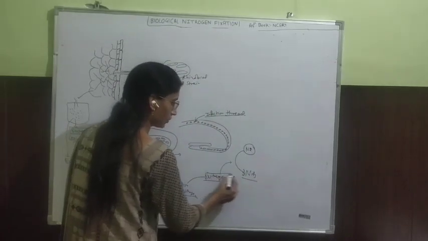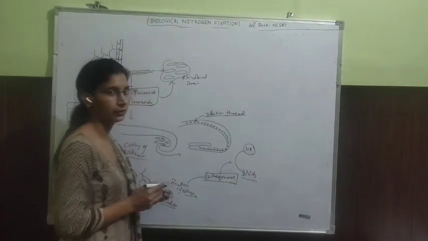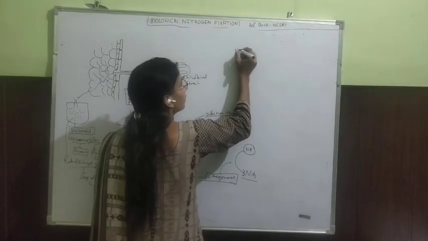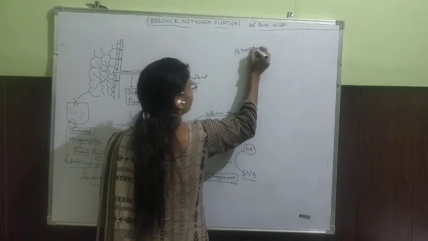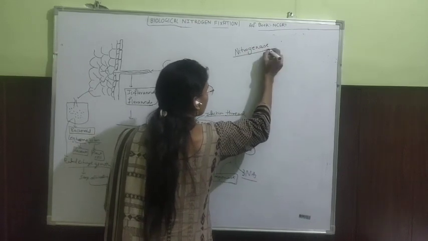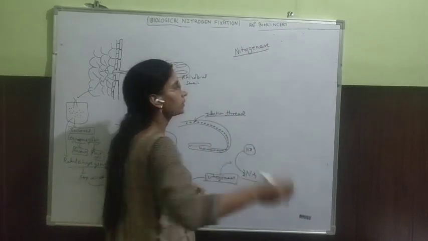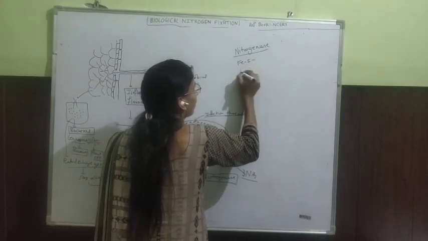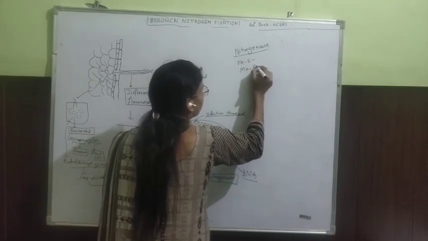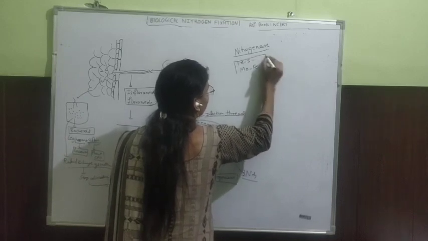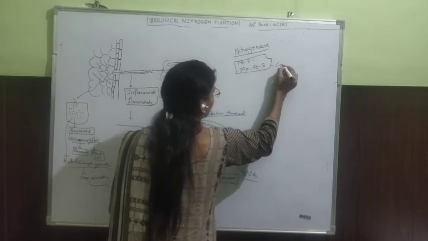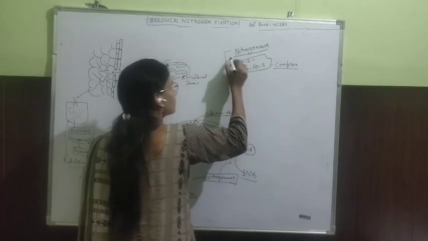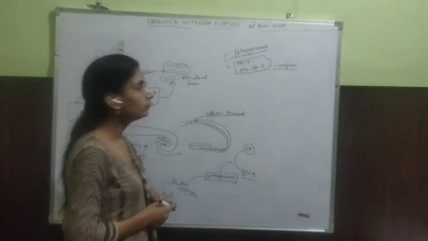So this enzyme is very important, called nitrogenase. It is produced by the rhizobial strain, and it is an iron sulfur and molybdenum iron sulfur complex. It is very sensitive to oxygen.